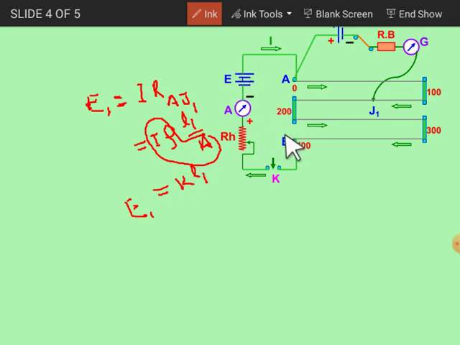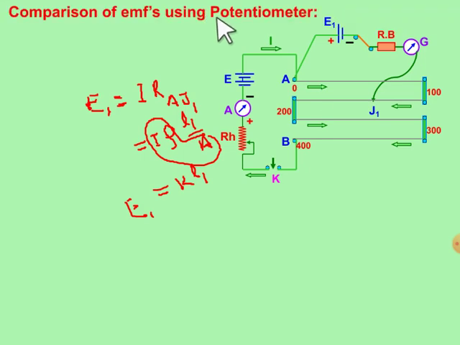In the next case, when I say length L1, it should be from there up to here, not from here. In my diagram I have shown L1 here, but this length should start from A, which is marked as 0 here, and it will be measured up to here.